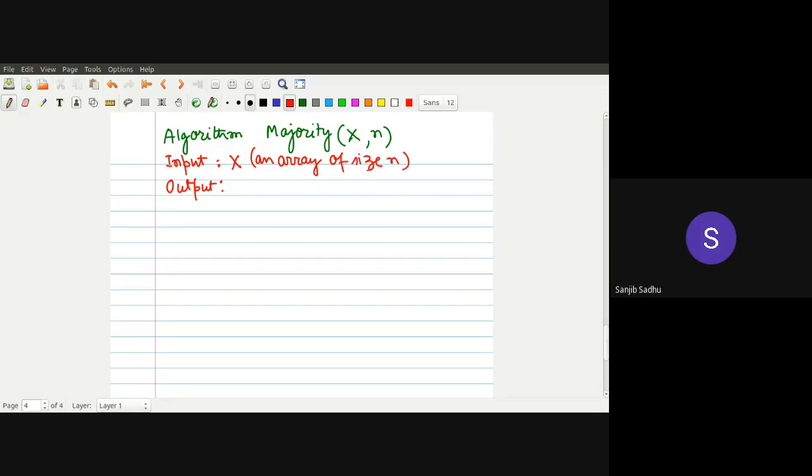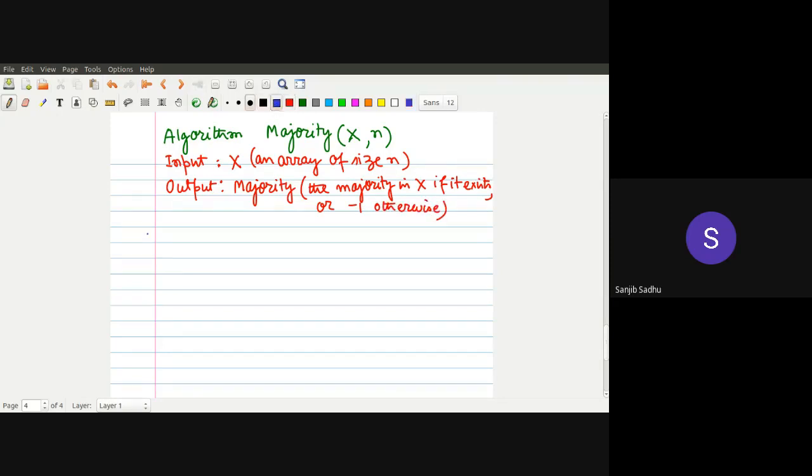And output: the majority in X, the array, if it exists. If there is no majority, then return minus one. Otherwise, we will return this.